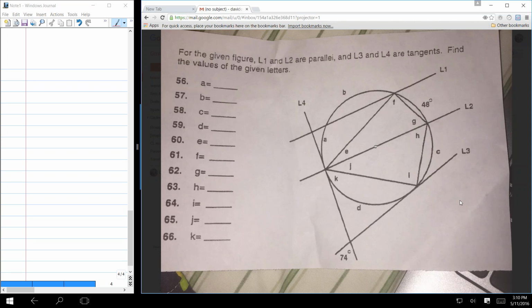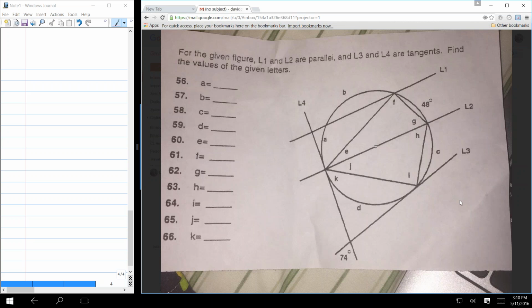Now let's look at C. Can we figure out C? If we knew J, we could figure out C. I don't see how we're going to figure out C in order, though.